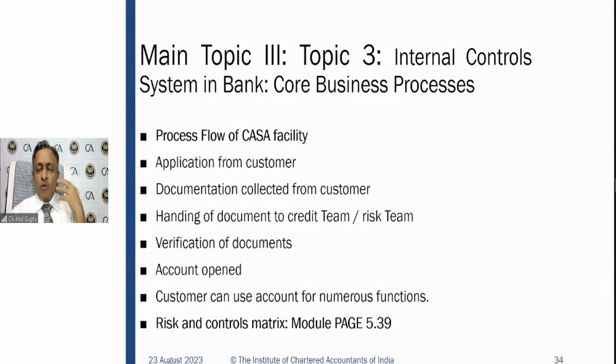Just imagine how you opened your saving account. The steps are there on the slide. You compare your experience of opening a saving account to the steps given in the slide, and just in the chat, write any variation that you might have found. It's a good discussion.